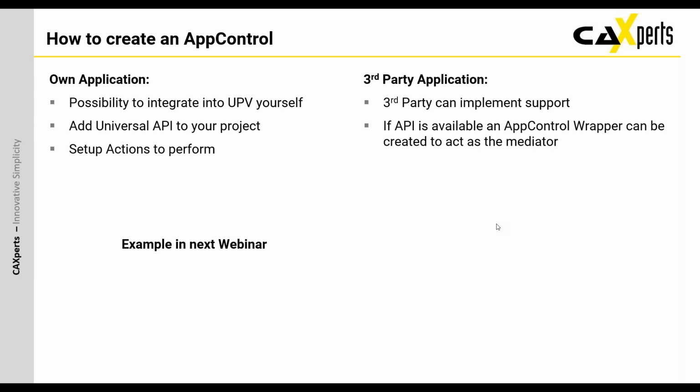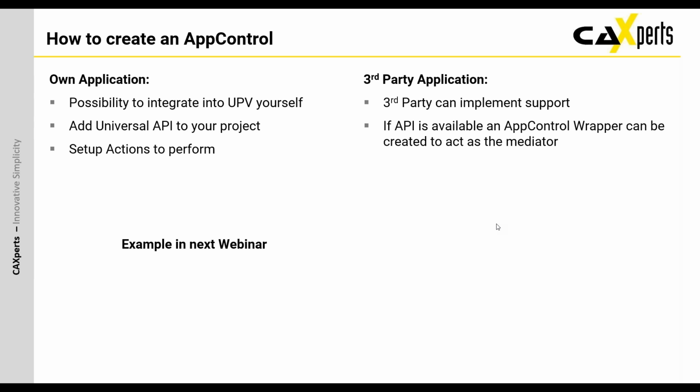We provide a universal API that you can add to your project. And at that point, you just need to set up actions that are performed when you click, for example, a button or if you select an element. You can always contact us if you want more detail, or if you plan an integration, feel free to contact us and we can help you with it and look over it.